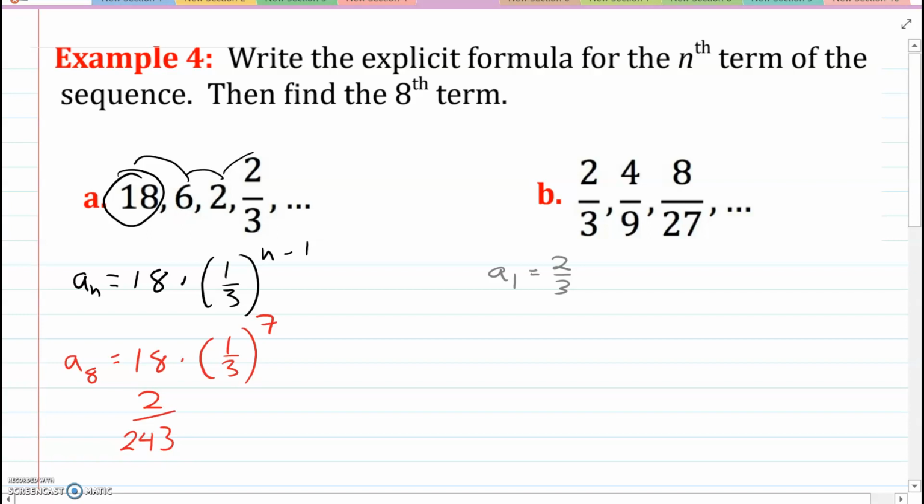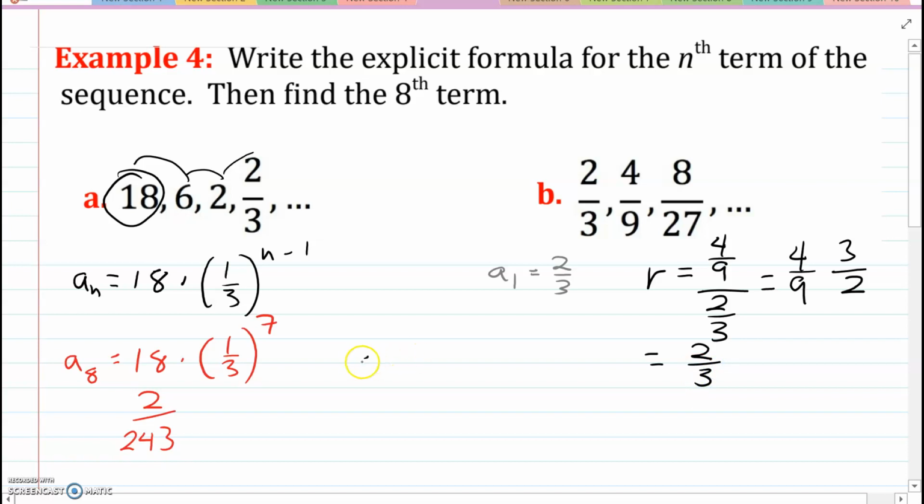Okay, the first term is easy to come up with, but the common ratio is going to be the same thing as 4/9 divided by 2/3. Now, once again, I know we did this earlier. 4/9 divided by 2/3 is the same thing as 4/9 times 3/2, which when you reduce it, you're just going to get 2/3 there.